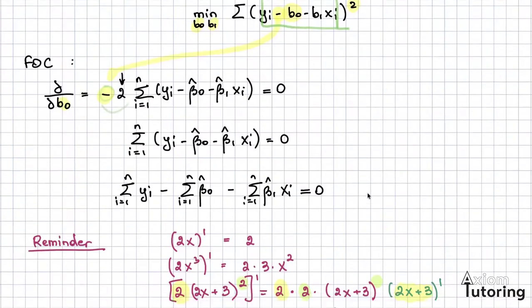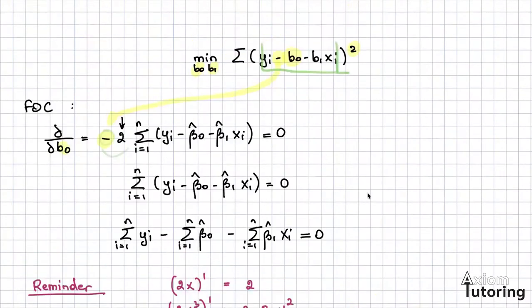So that's why we're going to have here the sum of yi minus the sum of beta null hat minus the sum of beta 1 hat xi. Now, notice something else while I am doing this derivation. As I said, the B0 and the B1 in here are entirely theoretical whenever I'm thinking of the minimization problem.